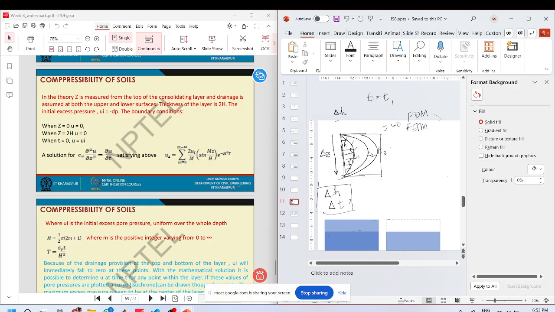In normal scenarios, these are the end results we want. But to be more complete, when you are modeling the behavior of soil, the consolidation equation can show you actually. Let me show you.